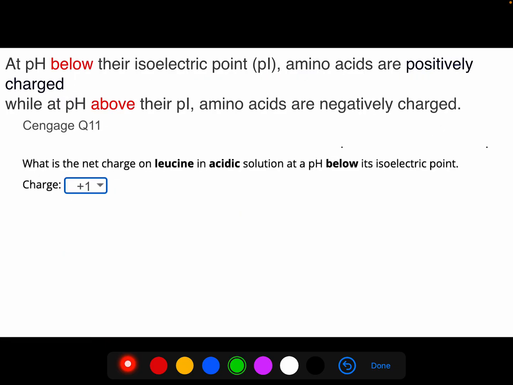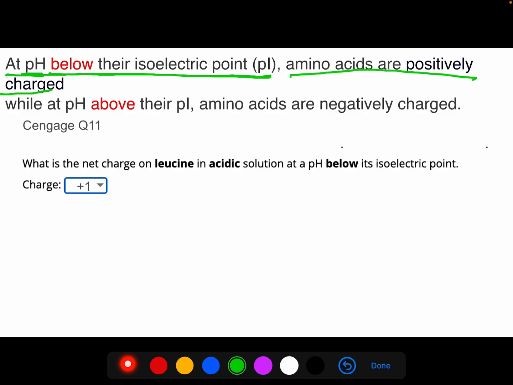Depending on what kind of environment the amino acids are in, they're going to be charged differently. So at a pH, the acid level, below their isoelectric point, they will ionize accordingly. So we will just look at this chart and we will know how they behave. At pH below their isoelectric point, amino acids are positively charged.